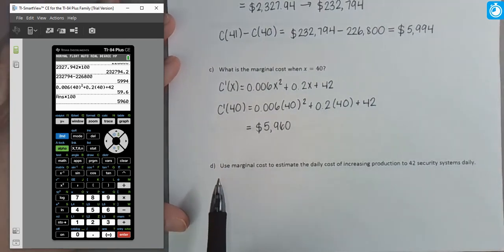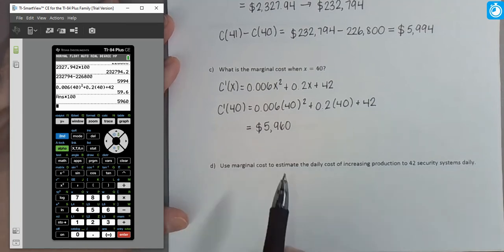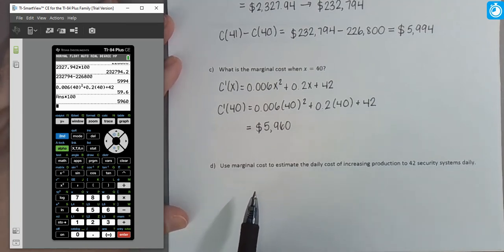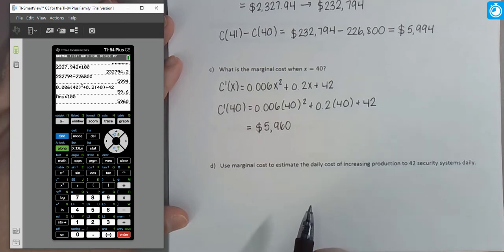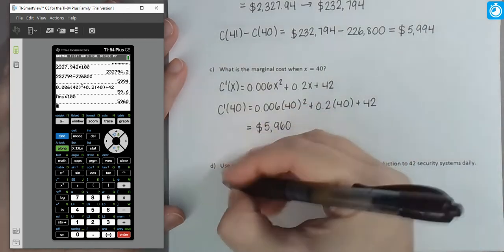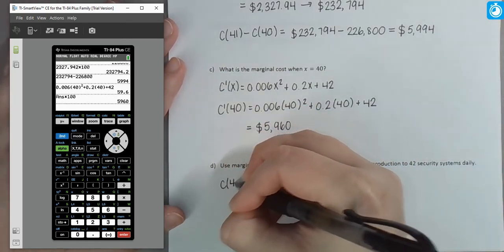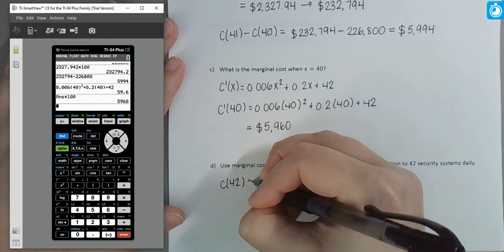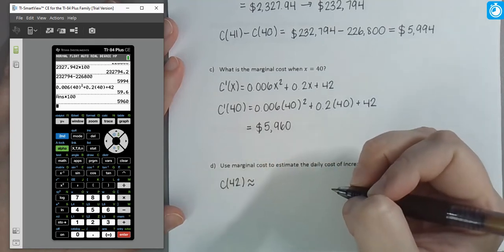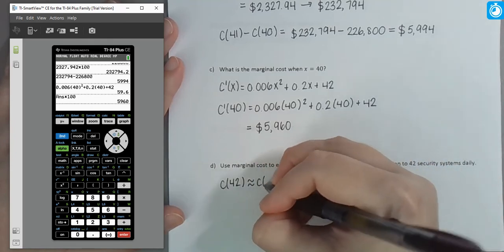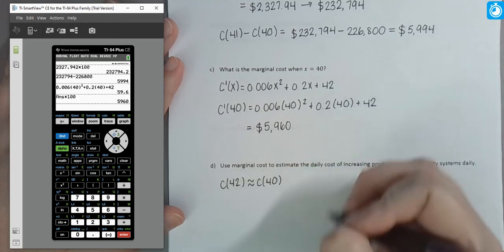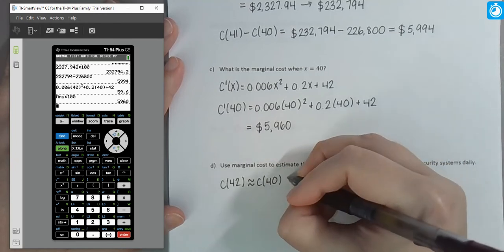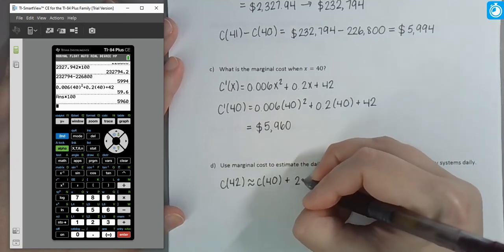So the last thing we want to do is use the marginal cost to estimate the daily cost of increasing production to 42 systems. What would it be in total to go to 42 systems? Well, the cost for 42 is going to be roughly the cost of 40, where we currently are, plus double that marginal cost.